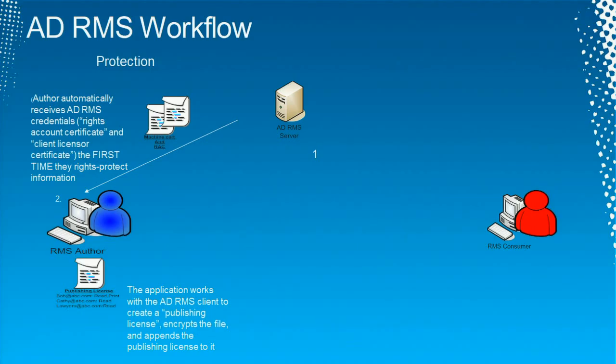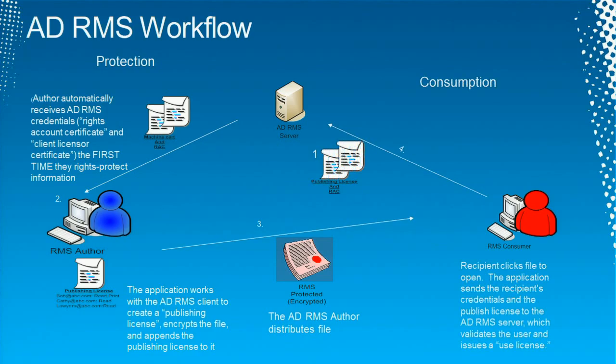That will include whether they have permissions in general to decrypt this document, but it also will contain all the usage rights that any of the users will have to that particular piece of content. Then I'm going to send, or deliver, or hand that off to the consumer.